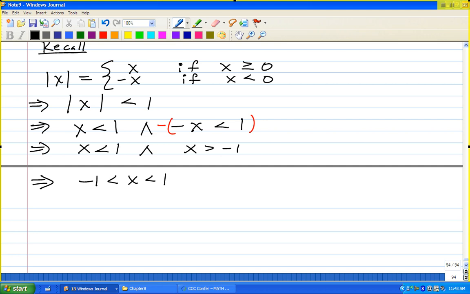So really, the way I would solve these type of inequalities is I would just sort of get rid of the absolute value and then put a plus or minus, which is sort of what we did with equations. So let me give you some cases for absolute value inequalities.